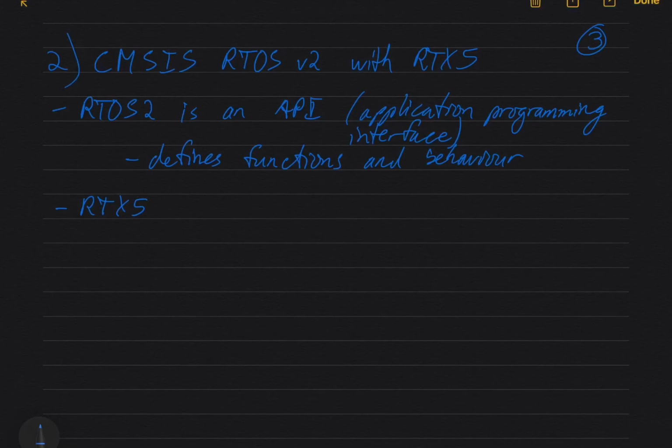RTX 5 is a kernel, and it implements the RTOS 2 API. And so RTX 5 stands for Real-Time Executive version 5.